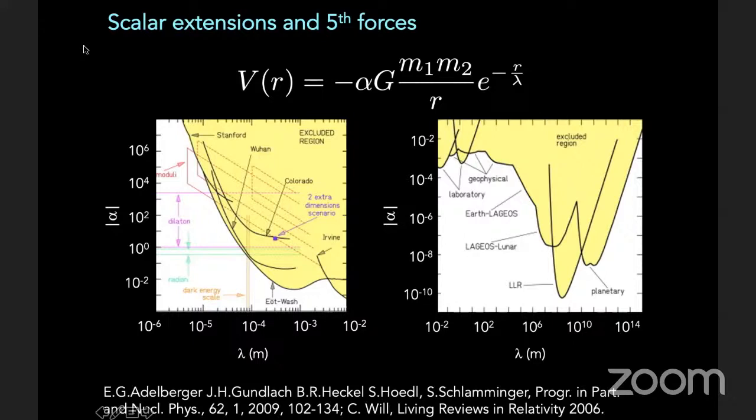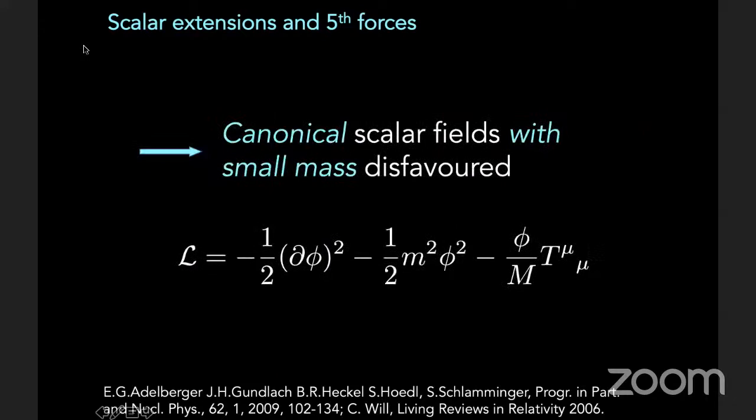This is not even up to date with now, but essentially it's more and more excluding. As far as we can see, no evidence of these extra forces from either Earth-bound or solar system-bound experiments. So this is slide 2, and has my talk finished at slide 2? Actually, no. I'm not here for nothing.